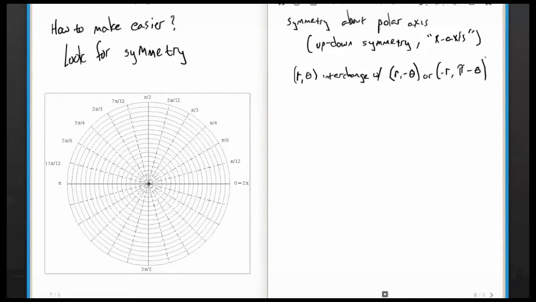Pi minus theta. When have we talked about that before? We talked about this when we were doing that optics problem, right? Supplementary angles. So, if we can take a point r theta and interchange it with r negative theta, let's try that. I'm going to run out of colors here, but let's do this in blue. So, say I have a point that's here, like that. That's r theta.